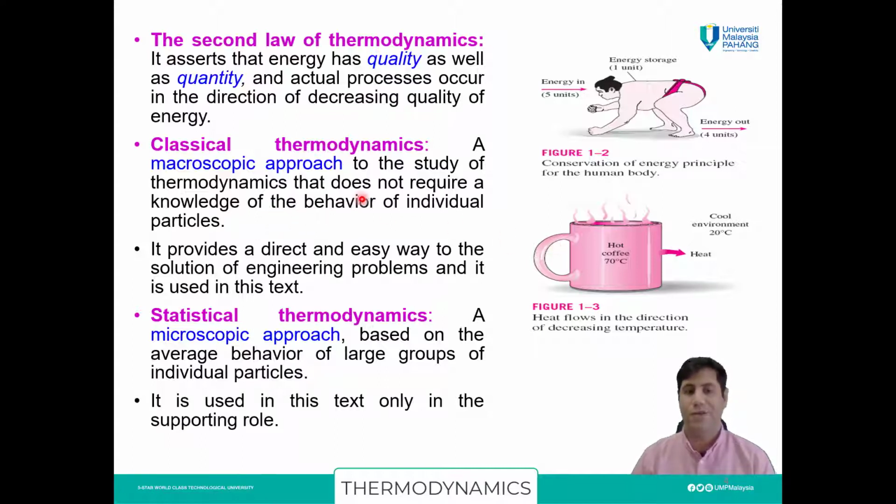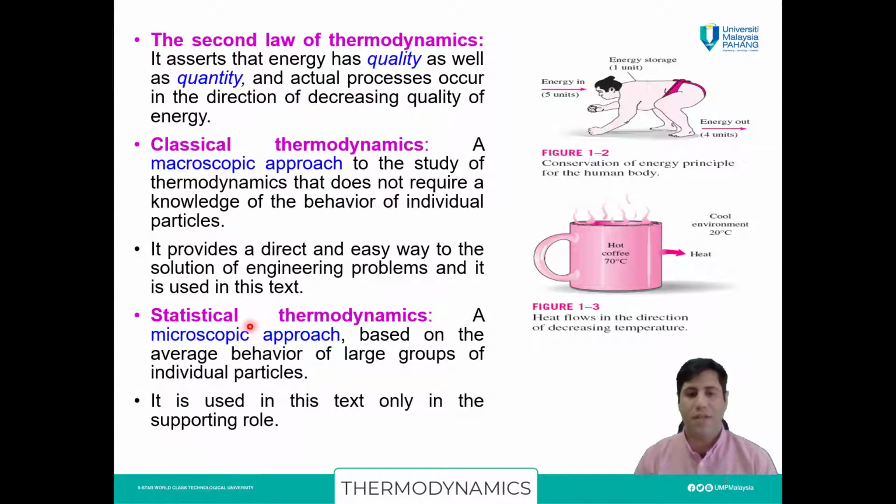So we do not deal with atoms, molecules, or the particles of the substances. And it is useful because it provides a direct and easy way to the solution of engineering problems, and it is used in this text. It may have some error, but it is accurate enough to find the answer for our problem.